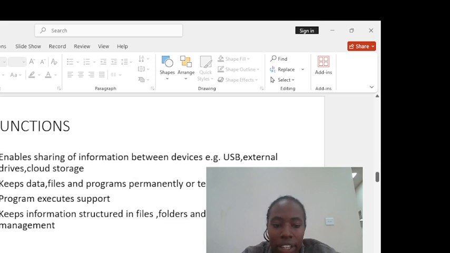Their functions: enabling sharing of information between devices, for example USB, internal drives, and cloud storage; keeping data, files, and programs permanently or temporarily; supporting program execution; and keeping information structured in files, folders, and others.